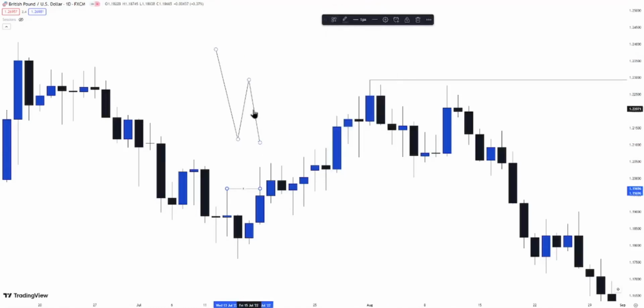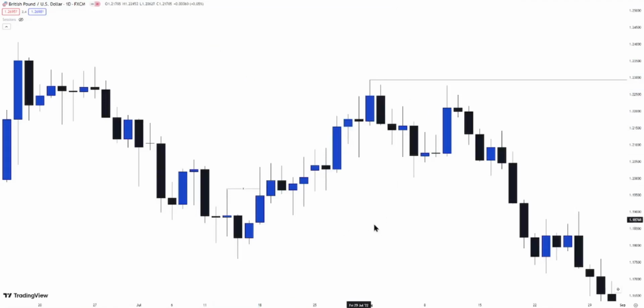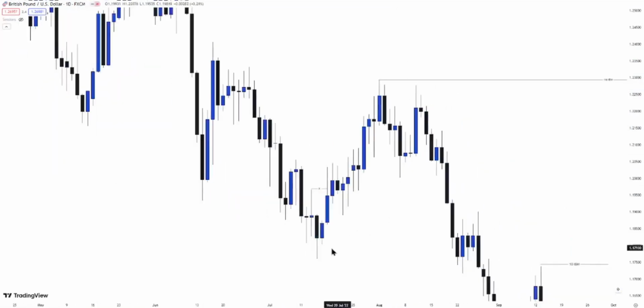Okay? So after that inducement, what happens next? Now, our low is confirmed. So let's denote that this is our daily low confirmed here. All right? Now, for your lower high to be confirmed, it has to take out inducement. It has to take out this major structure low.